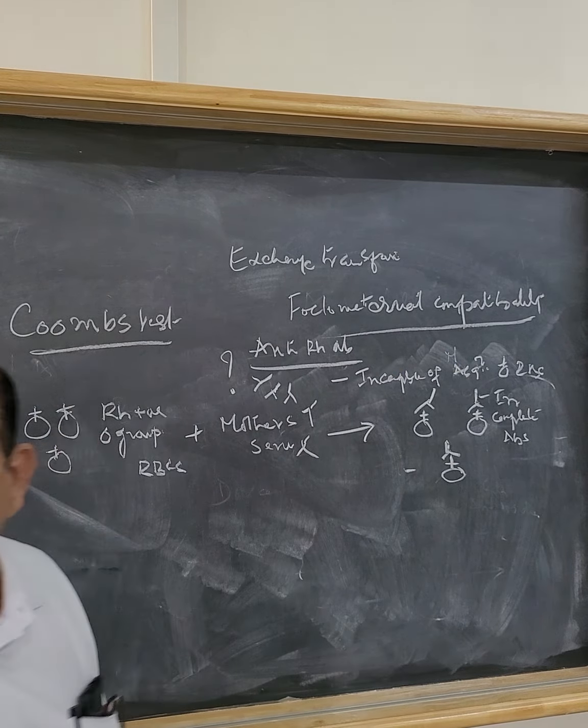Then you add anti-human globulin, antibodies to human antibody. That is Coombs serum. Everybody say: anti-human gamma globulin is Coombs serum. It is called AHG.